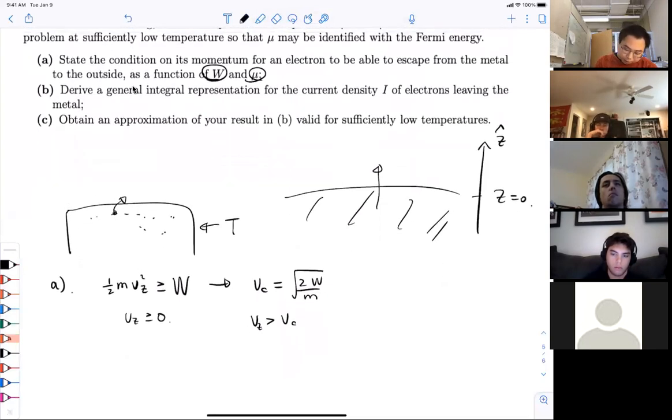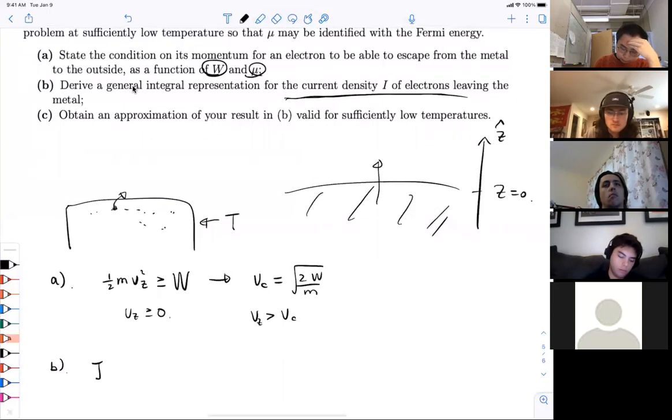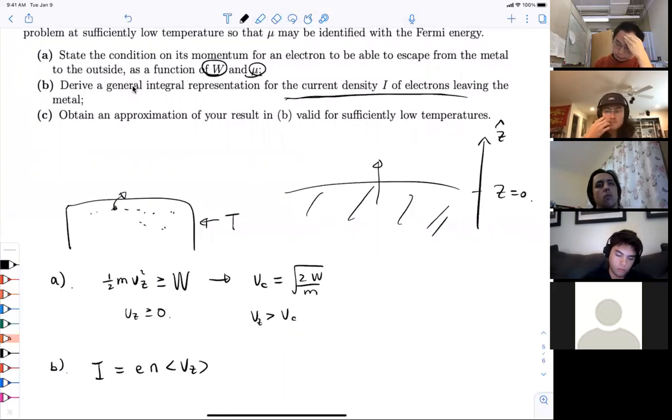So for part B, you need to calculate the current density. The current density is given by the electron charge, the electron density, and also the average velocity perpendicular to the surface, right?